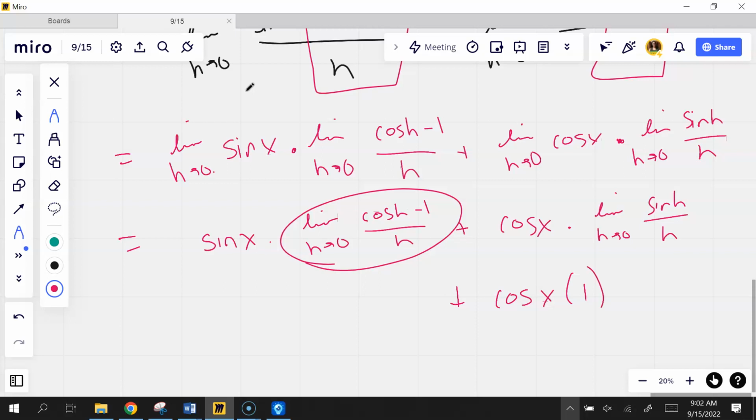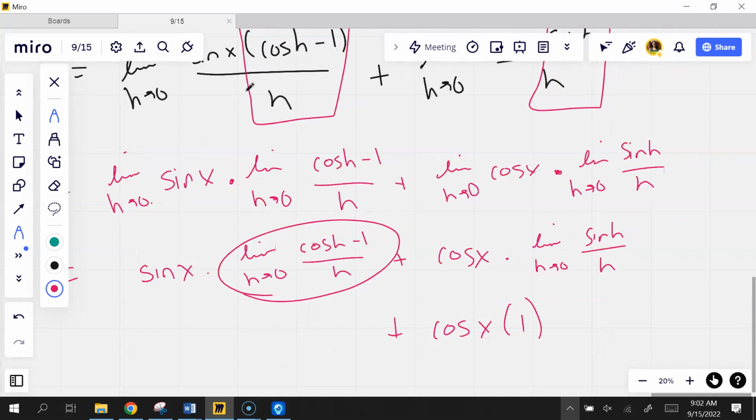Remember when we graphed it before, and it did some funky stuff? We found out that this was 1. The limit as it got closer and closer to 0 was 1. That's one of those we did. How about this one? I think we're going to have to do a graphical approach on that too.